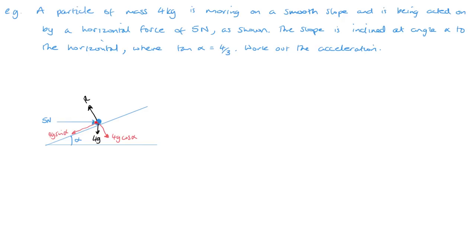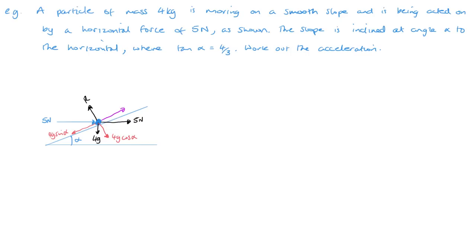Now, for the 5 newtons, you imagine it's this side of the thing because it's just pushing into it. So when I resolve it, it's going to be up and down. And there's alpha, so there is alpha there. So I'm going to redraw it just across like this. 5 newtons there.